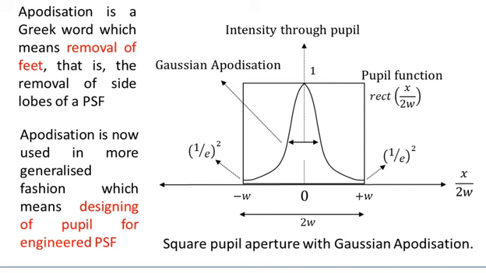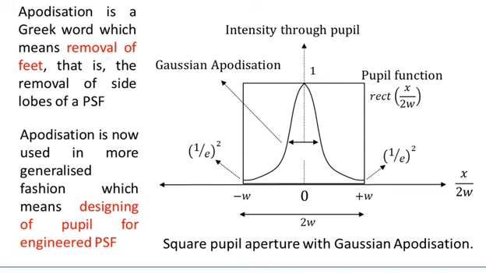As you can see, the height of the rect is equal to 1, and beyond the range of minus w to plus w, the rect function decreases at once and approaches 0. We have also shown the intensity point of the Gaussian function, which is equal to 1 over e squared on both sides. And this Gaussian is actually the Gaussian apodization, which we have shown in a square pupil.